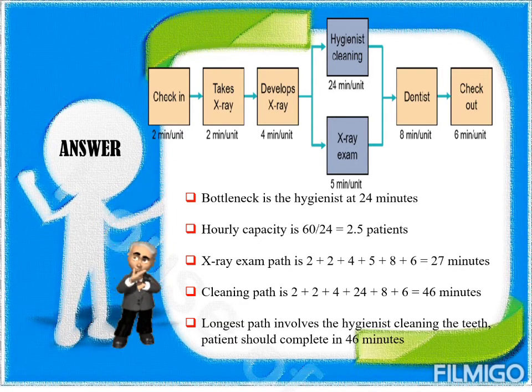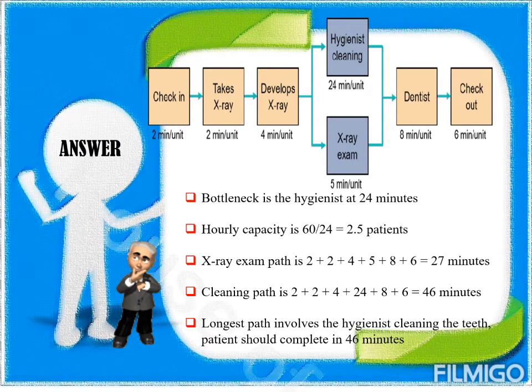The first is the X-ray exam path. Now we need to identify the longest path, which is the bottleneck path. So for the X-ray exam path, we need to sum up all the time consumption.